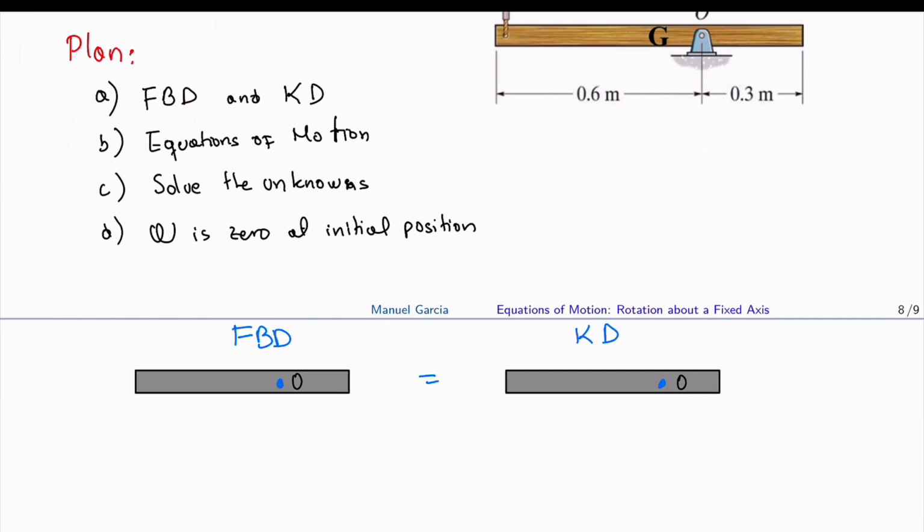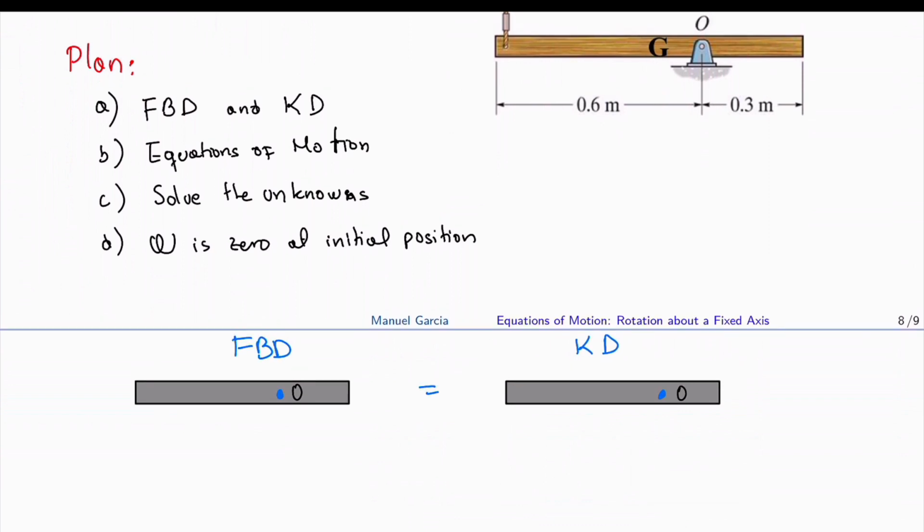On the left hand side, in the free body diagram, we have the reactions. The reactions are located at this point, point O. Let me draw the reactions with a different color. We have a vertical and a horizontal one.